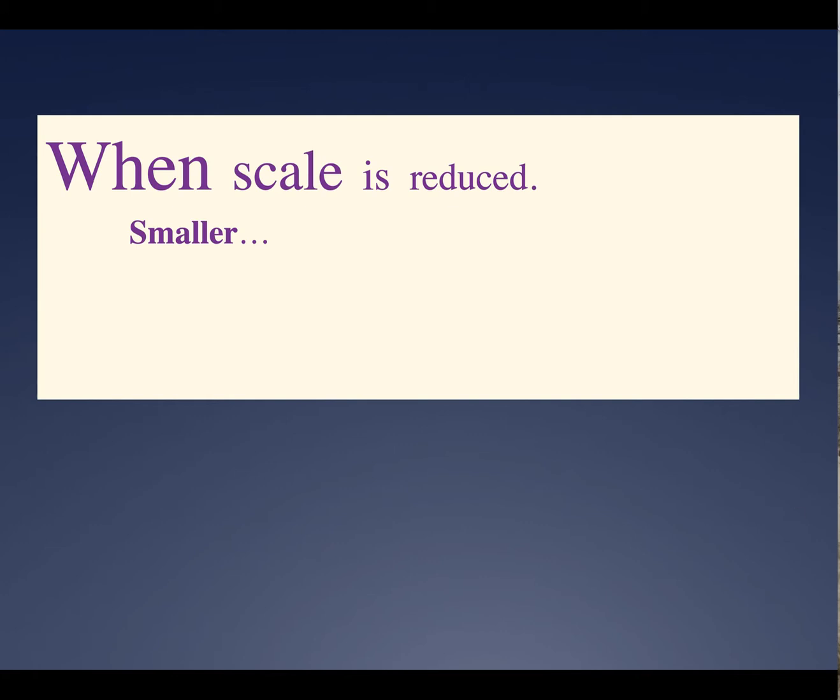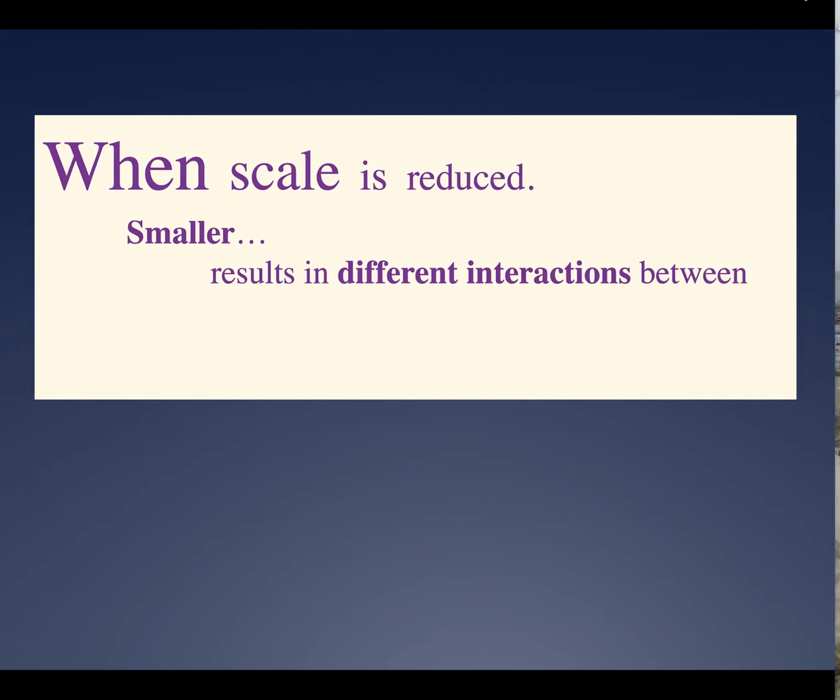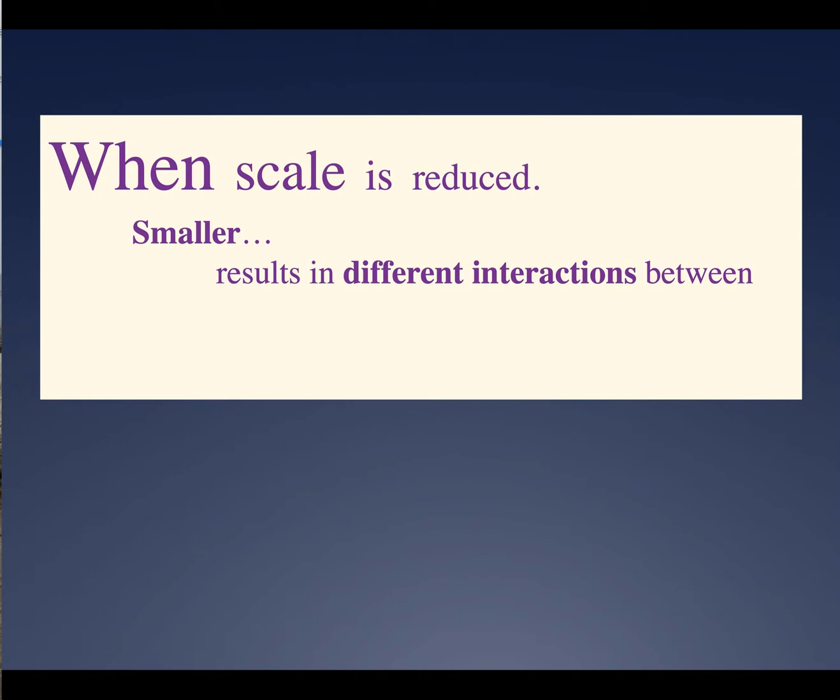And as we take a look at size and as we considered it, we said that as things get bigger, surface area does not increase as fast as volume. That's what we were learning about. Well, now what we want to do is take a look at what happens then when size is reduced. And so the opposite would be true.